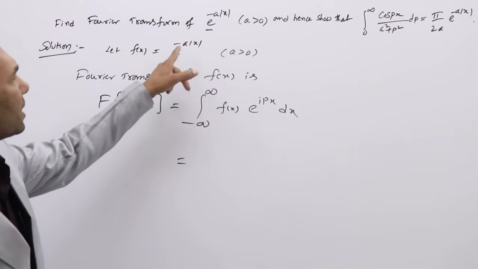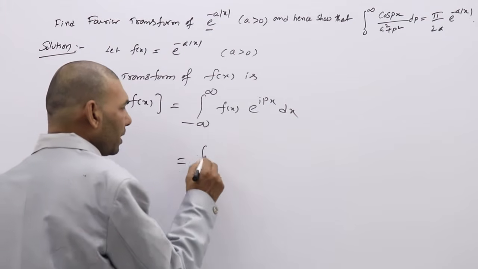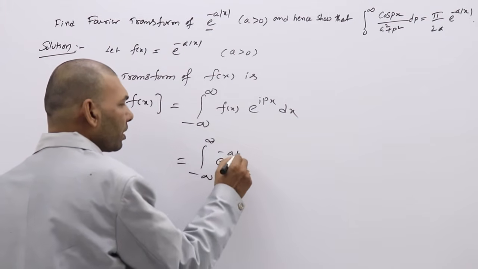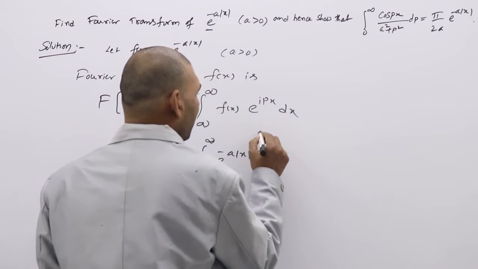Here f of x is e power minus a mod x. Integral minus infinity to infinity e power minus a mod x, e power ipx. You know this formula?